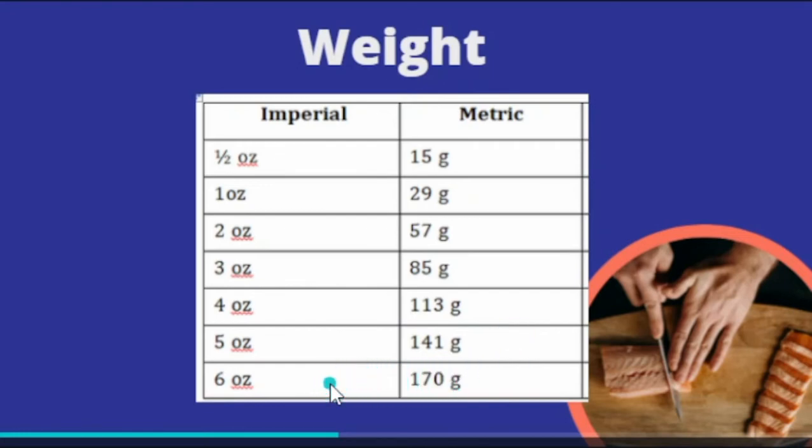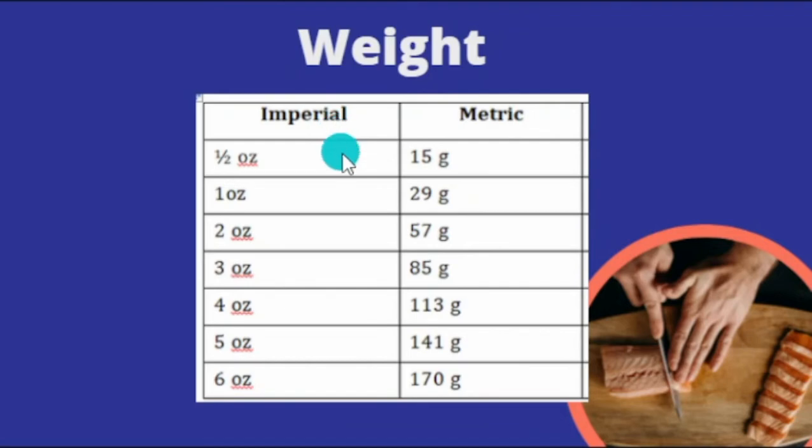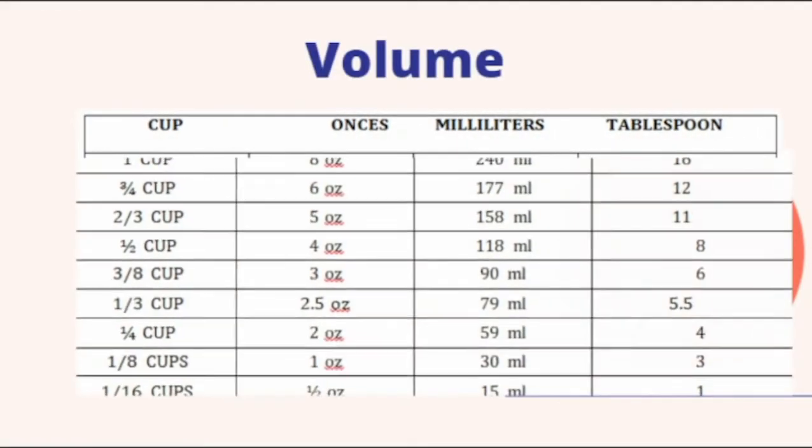And 6 ounces is equivalent to 170 grams. Here in this table, we are just converting from imperial system to metric system. Now, let's move forward. Let's try to see other conversions.